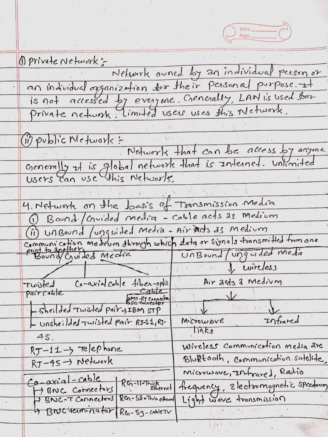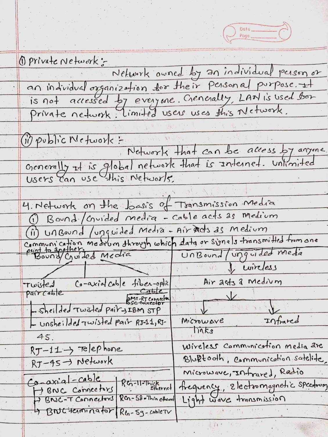In bound or guided media, there are three cables: twisted pair cables, coaxial cables, and fiber cables. Unbound or unguided media means wireless media, in which air acts as a medium.